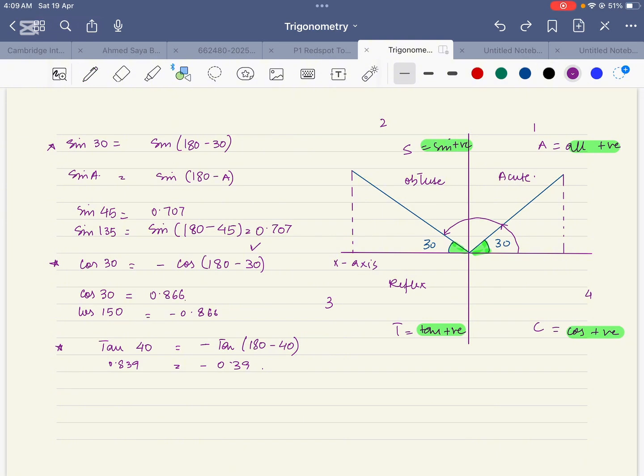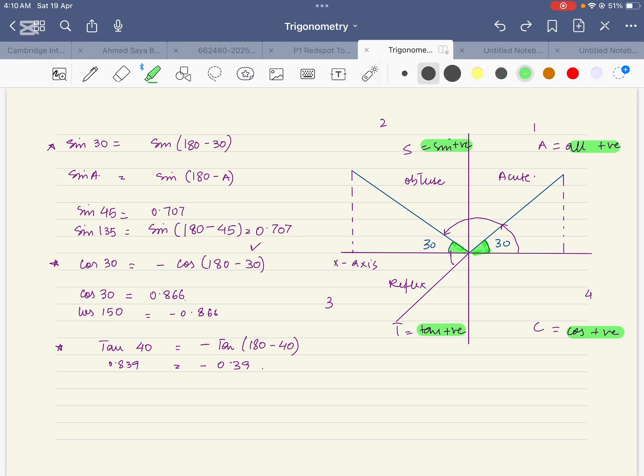If we are talking about 30 degrees here, we are talking about a reflex angle which is greater than 180, so we are talking about 270 minus 30. We will talk about obtuse angles. We are not getting into reflex angles as of now. In CIE and IGCSE O levels, you don't have reflex angles in trigonometry. So we'll talk about obtuse angles.